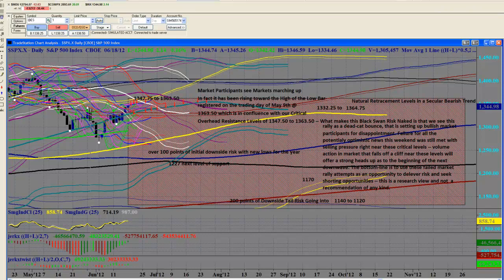I'm first going to talk about what standard technical analysis would tell you, and then I'm going to get into what our risk maps are telling us and why at Naked Swan Trading we are highly confident that any market retracements on the upside in this developing downtrend are nothing more than dead cat bounces with increasingly higher levels of asymmetric downside risks, meaning that the risks outweigh the rewards.